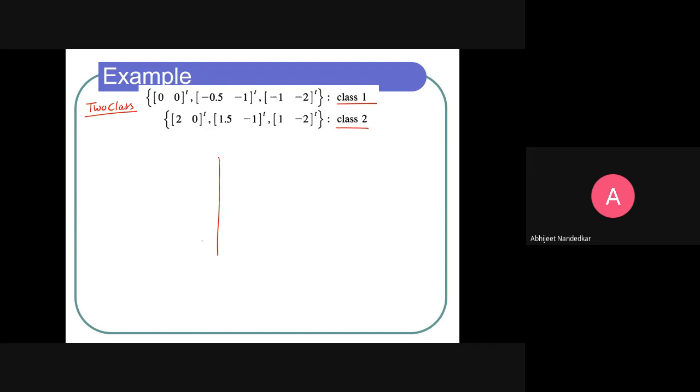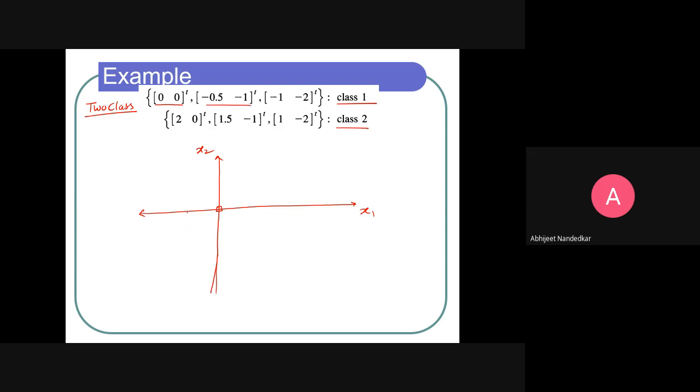So you can draw like this, and say this is x1, maybe this is x2. Then you can plot these points, say 0, minus 0.5. So this is done. This is minus 0.5, minus 1.